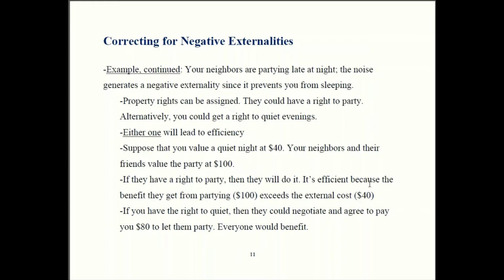That's because they're paying $80 to you, but they're getting a benefit from partying that's $100. So from their standpoint, they're paying $80 to get $100. That sounds like a good idea to them as well. So the party happens, and both you and your neighbors are better off.